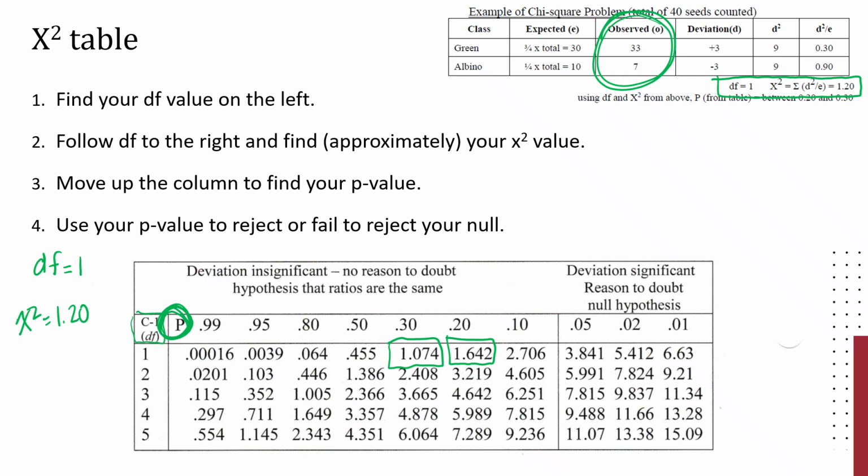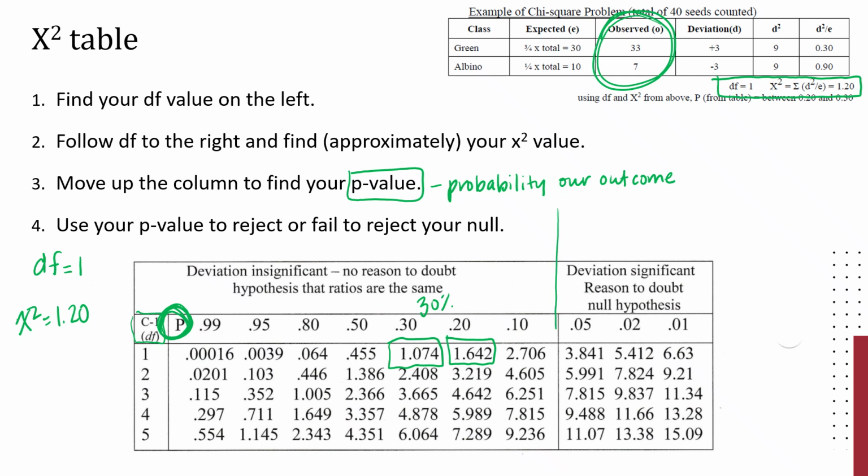So the p-value is going to tell us the probability of our outcome. That's a little weird to think about, because we're thinking about the probability that we're going to get these results instead of the probability that the results demonstrate. But this is the probability that if we performed this exact test 100 times, we would get this result. So roughly 30% of the times we do this test, we're going to get this result.